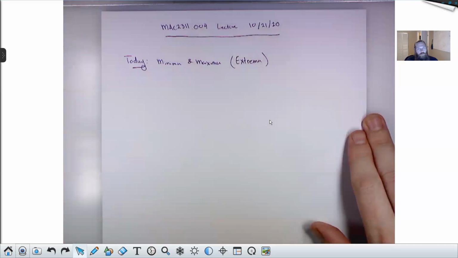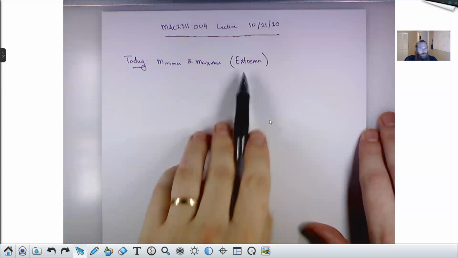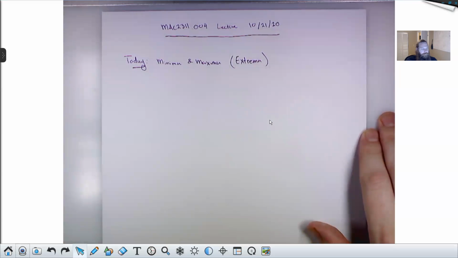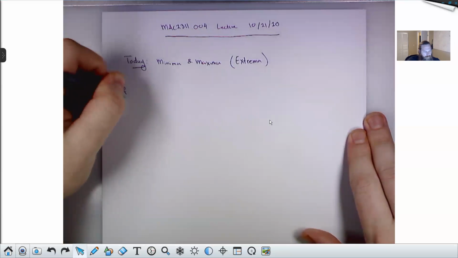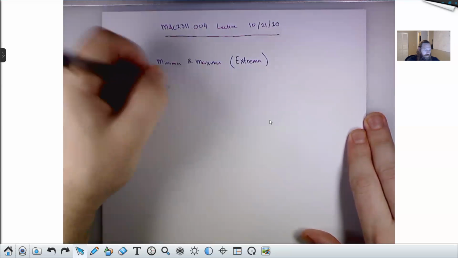So if I want to refer to the set of all mins and maxes for a given function, I will refer to them as the extrema for that function. First, a definition and a picture.